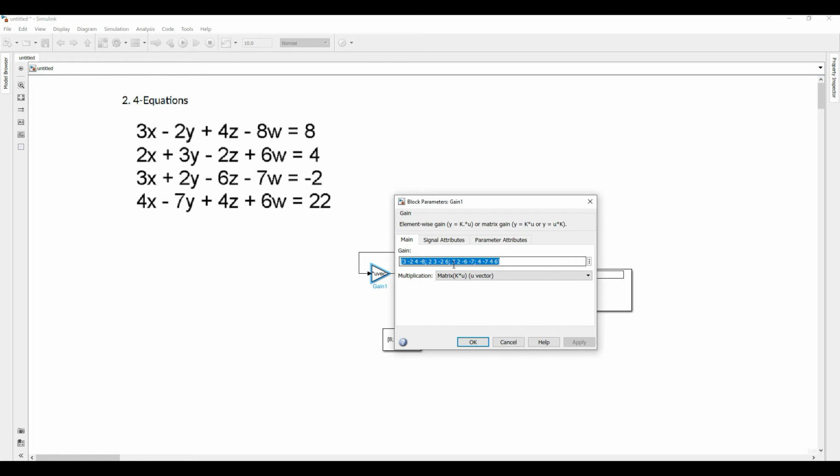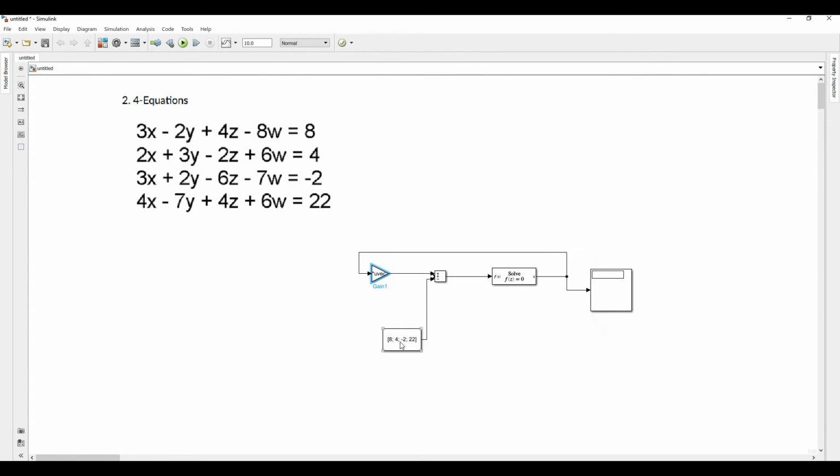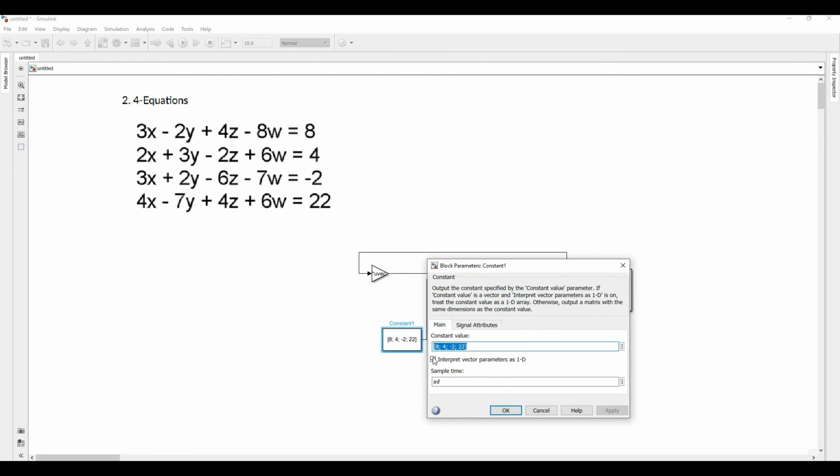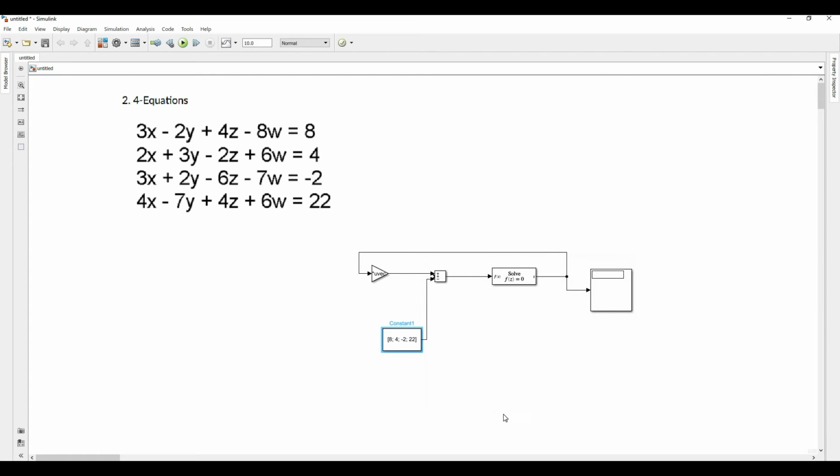And we have 3, 2, negative 6, and negative 7, and then 4, negative 7, 4, and 6. So for our constant, we have here our 8, 4, negative 2, and 22.